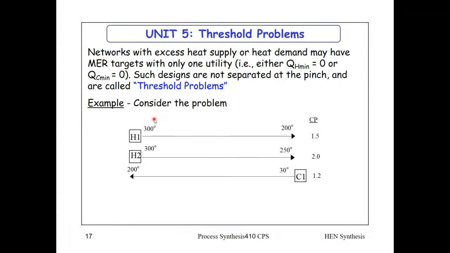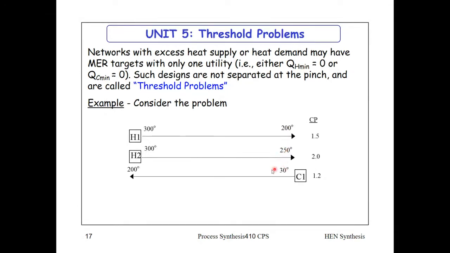So if we consider this problem, 2 hot streams, 300 to 200, 300 to 250, and this cold stream, which you can see is 200 to 30, you've got plenty of temperature difference because the coldest of these streams is 200 degrees.